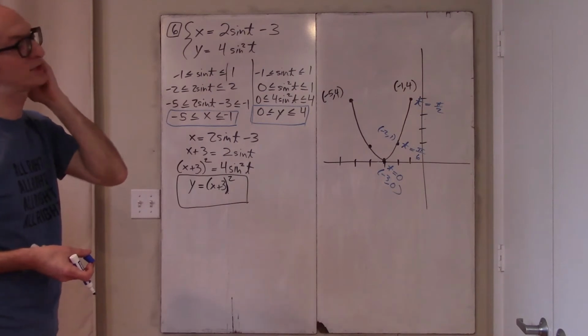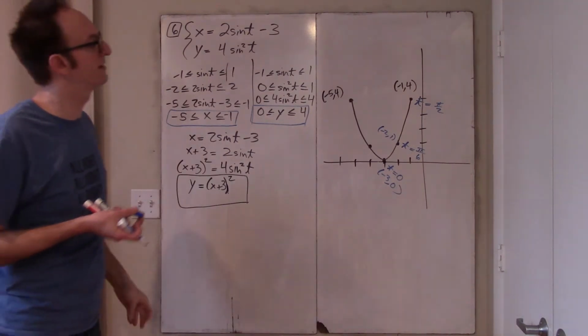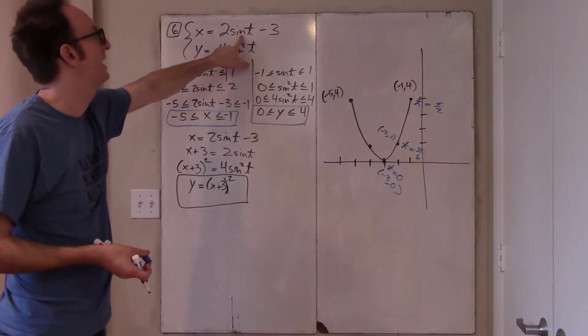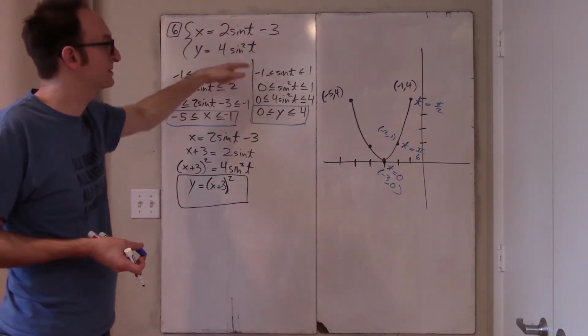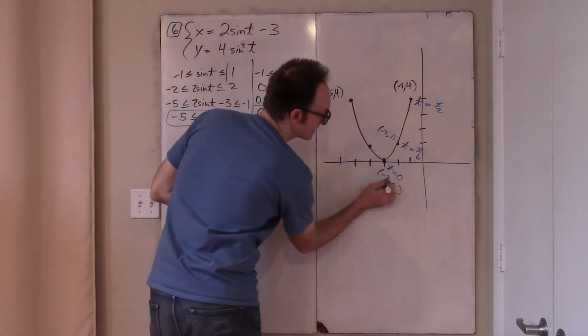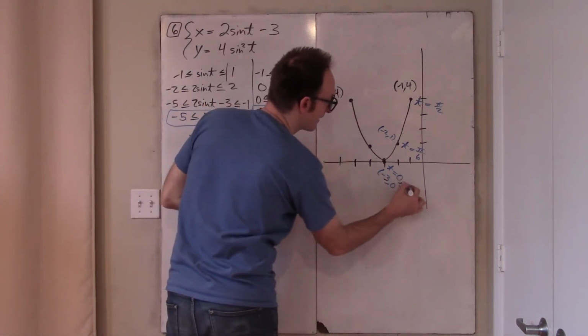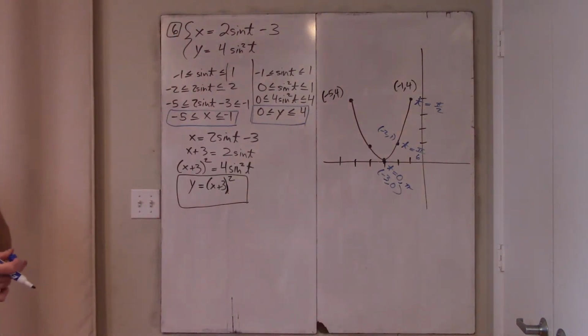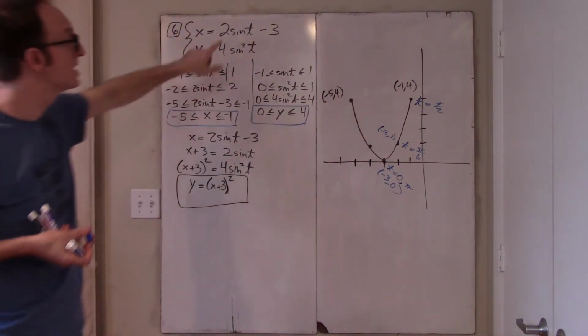Okay, well maybe now I should skip to my next nice value, maybe pi. Well, sine of pi is 0, and so that just puts me right back at -3, 0. So I'm not only at the point -3, 0 when t equals 0, but also at t equals pi. Okay, I think I'm starting to see what's going on here. What about 3 pi over 2?